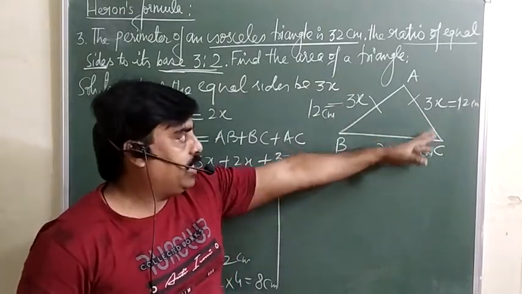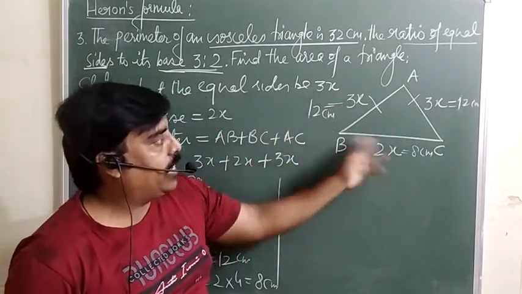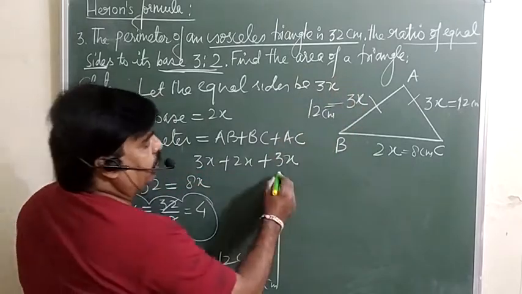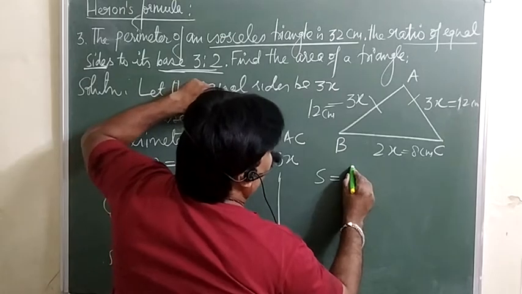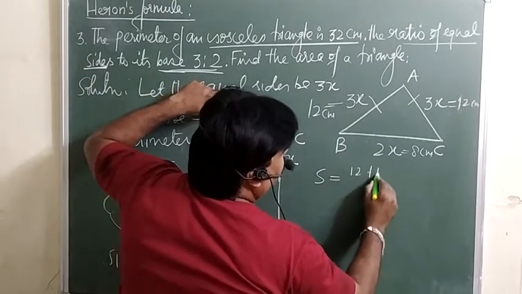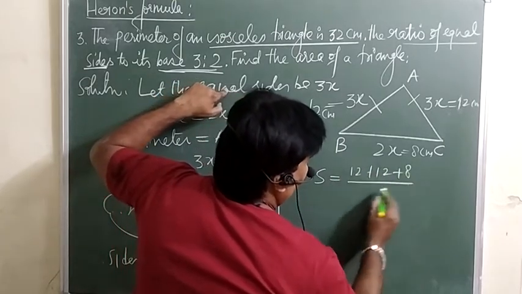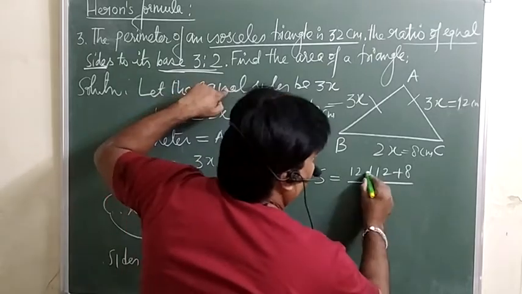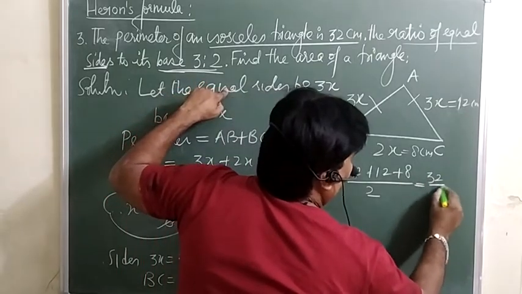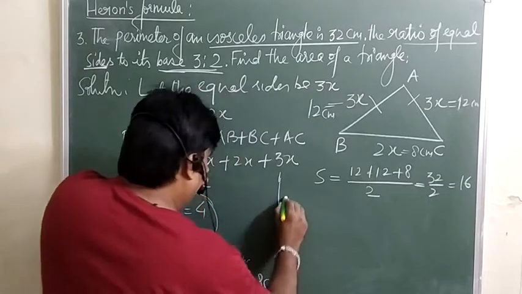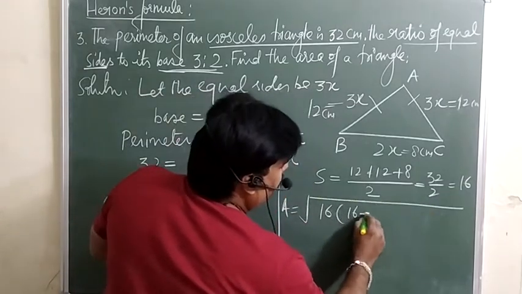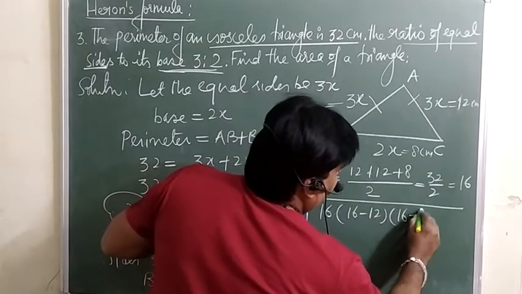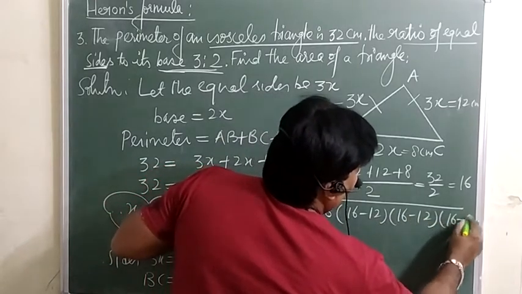You can apply the isosceles triangle formula directly, or Heron's formula here. If I take S, S will be equal to 12 plus 12 plus 8 over 2, that is 32 over 2, which is 16. Now the area is under root 16 into 16 minus 12, 16 minus 12, 16 minus 8.